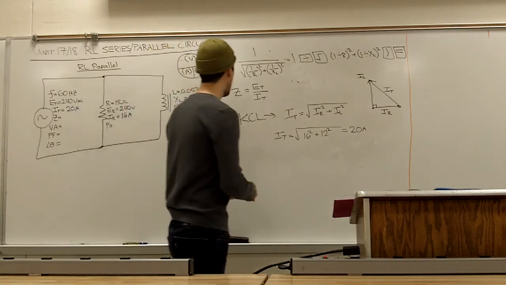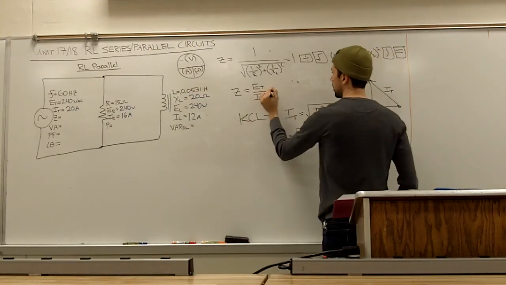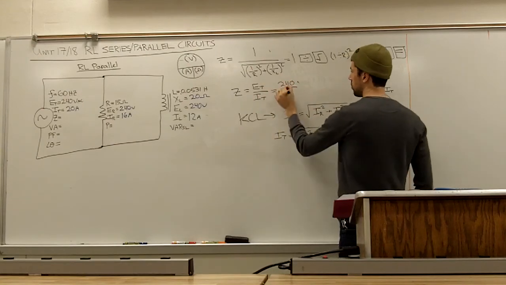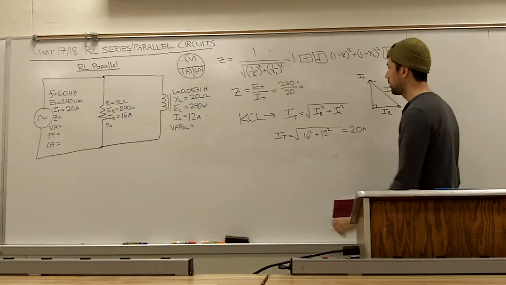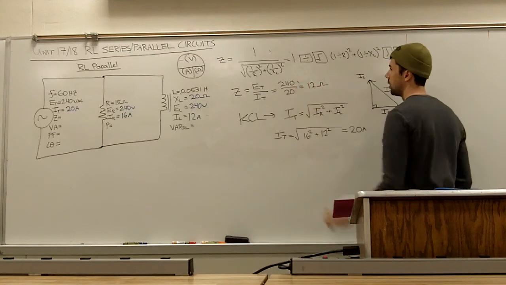So now we can find the impedance of the circuit, the total ohmic value of our circuit. Our total voltage is 240 volts, and our total current is 20 amps. It's going to give me a total impedance of 12 ohms.